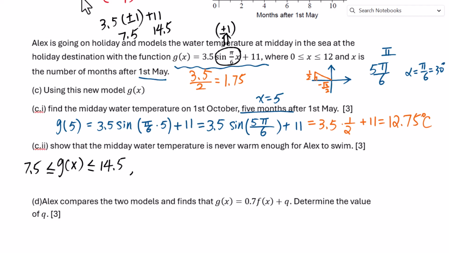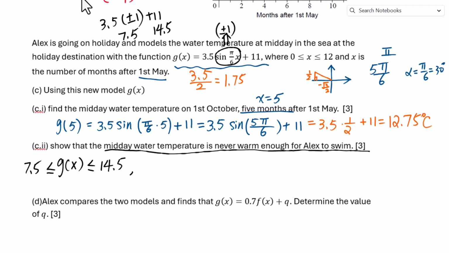Alex can swim in the water when the temperature is greater than or equal to 15 degrees Celsius. That's the reason the midday water temperature is never warm enough for Alex to swim.